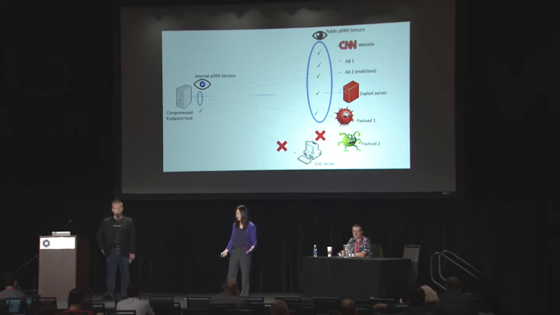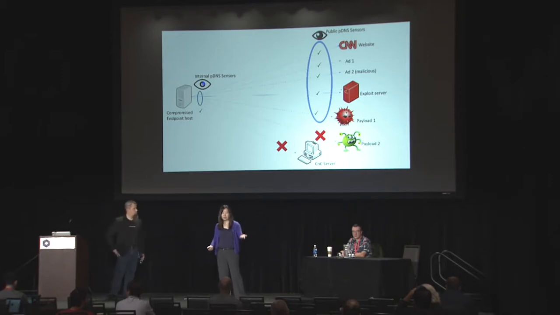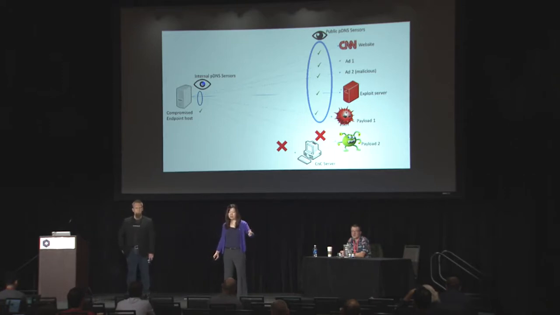It's not a very simple attack, right? It's multi-stage. So eventually there's activity to persist on that endpoint host, and there's also callback activity that occurs to a C2 server. From a public passive DNS sensor standpoint, you see all the green check marks. That's what it would see, and that's what they would have in their database.